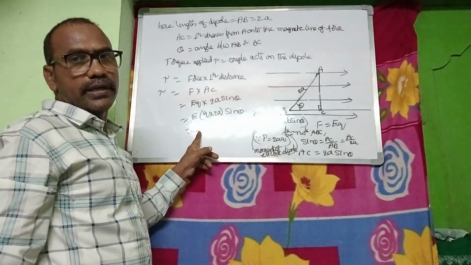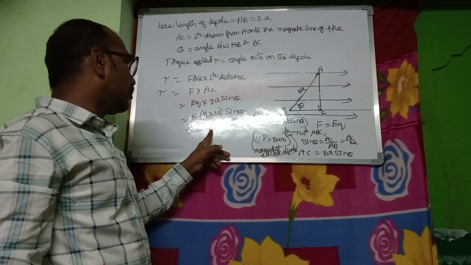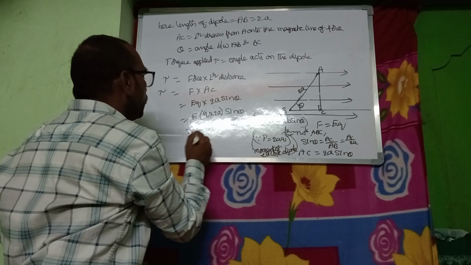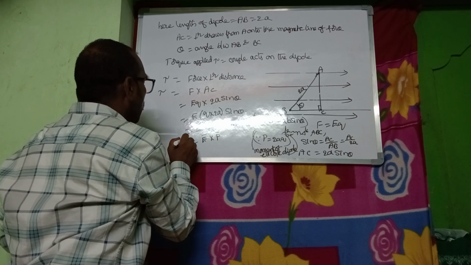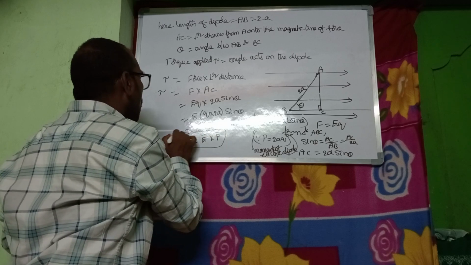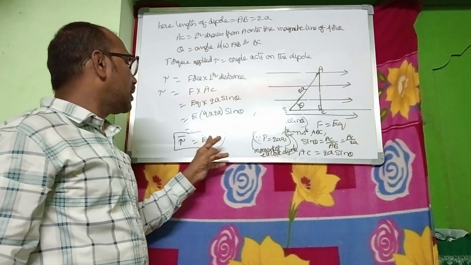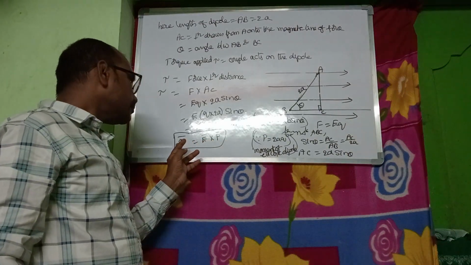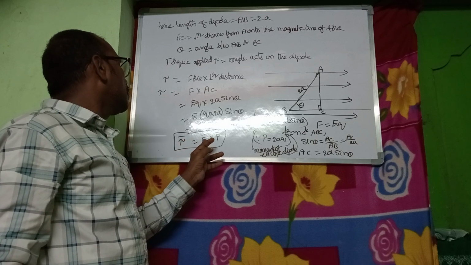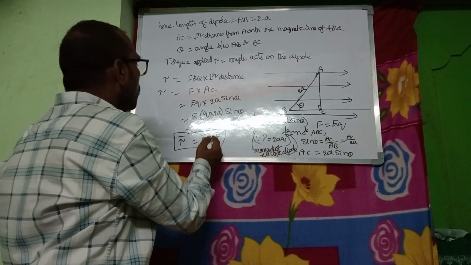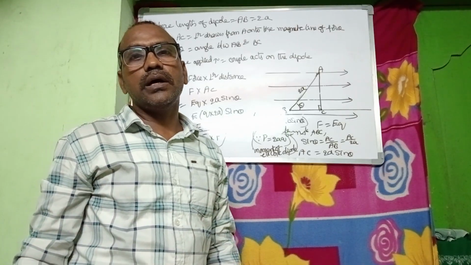So E is the intensity of electric field, vector, P is the moment of electric dipole, vector, sin theta. What can we write? E bar cross P bar. The left side is tau. So torque is a vector, E bar cross P bar. So torque tau bar equal to E bar cross P bar. This is about the torque produced in a uniform electric field.